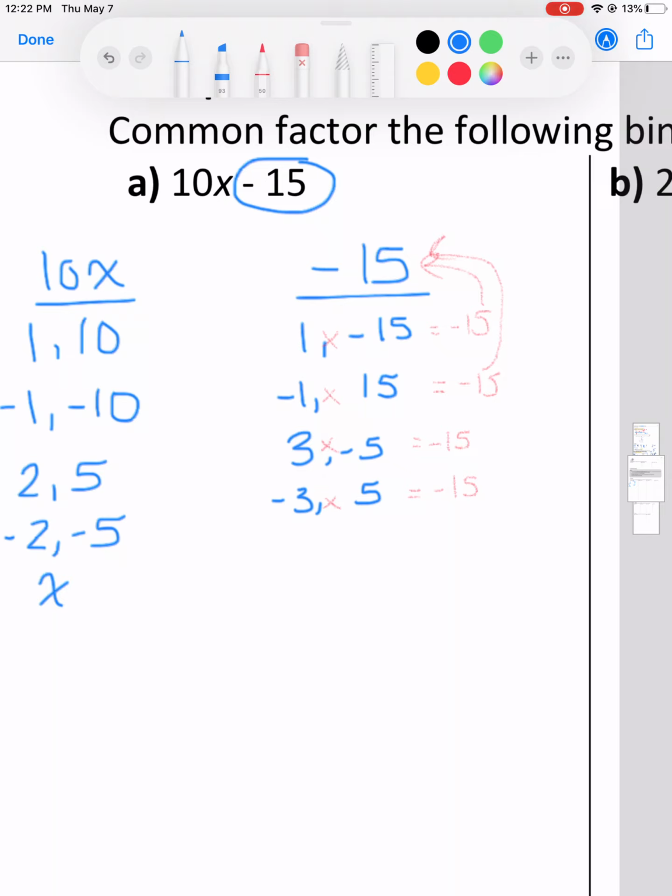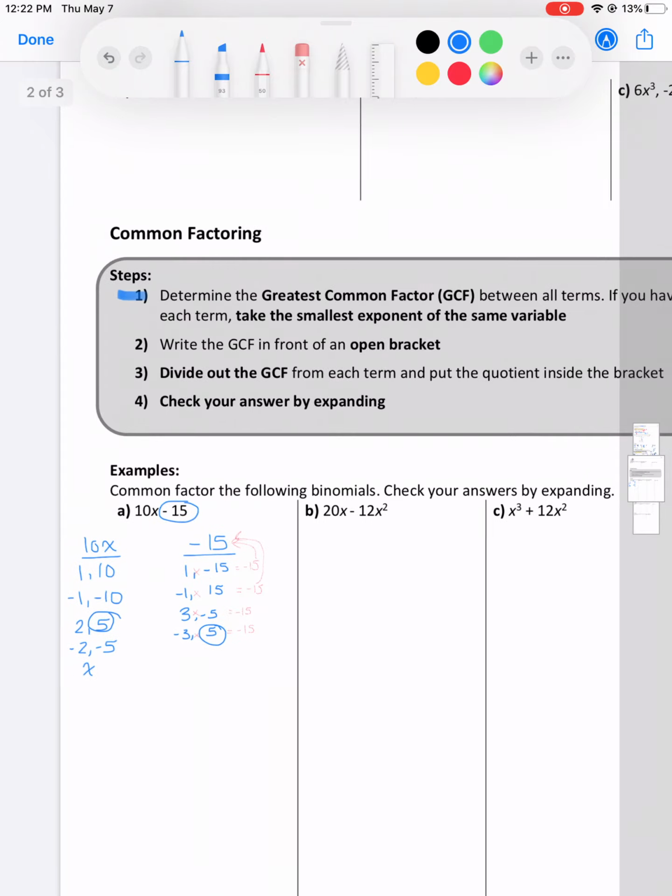And is there a number bigger than 1? Yep. 2s, there's only 2 on the one side, and then there's 5s, right? So 5 is your biggest number, your greatest common factor, on both sides. So we figured that out.